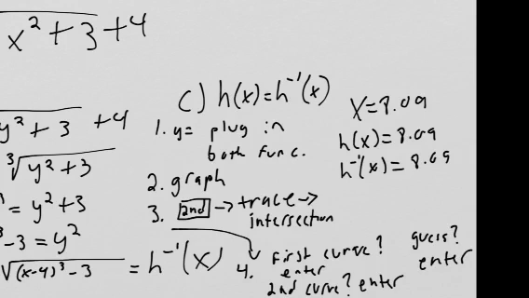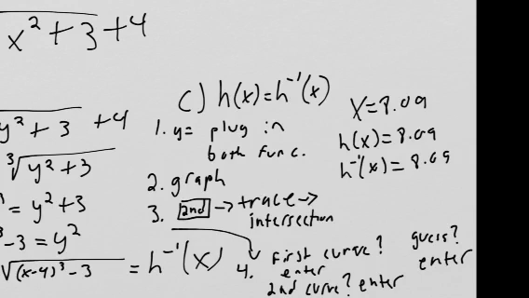So we notice that the input is the same as the output, and that makes sense because the original function sends an input to an output, and then the inverse sends that output back to the input. So if they're going to be equal, then the input and the output must be the same for that to happen. Okay, so that makes sense.